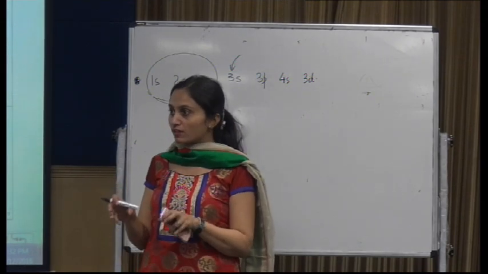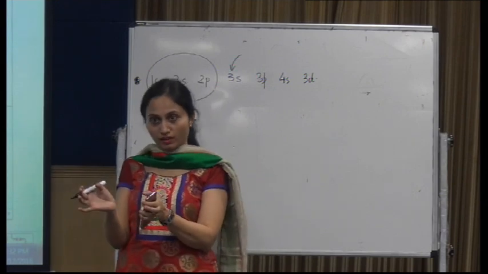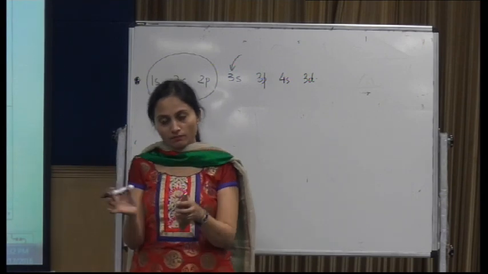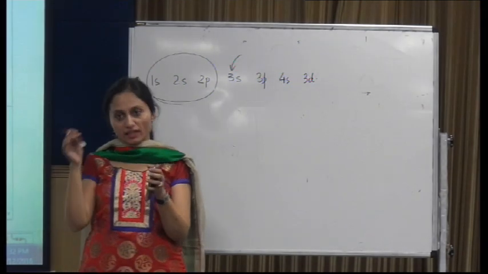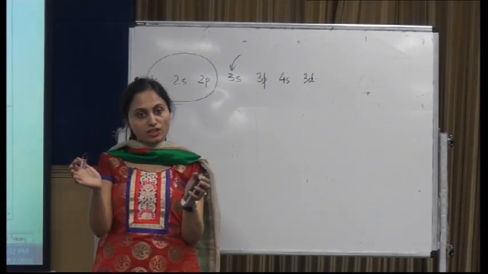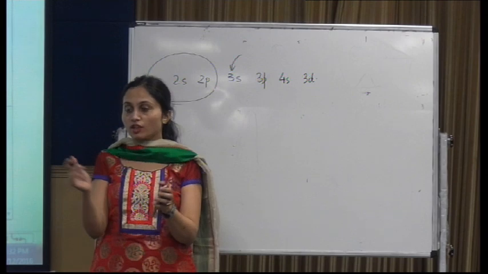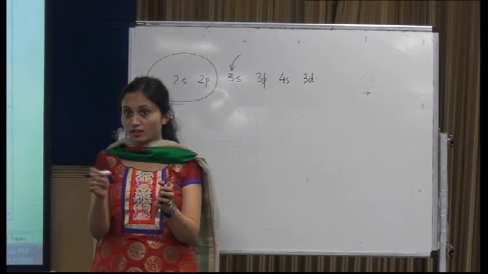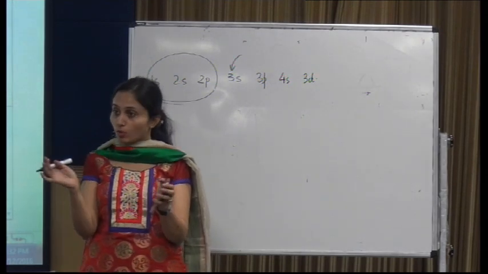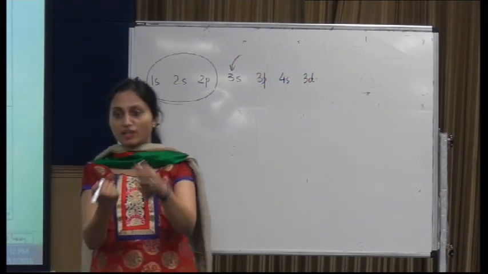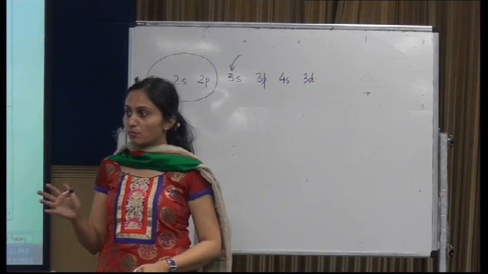So because of that, there is not much of an effect, but still the electron added to the same shell will always reduce the size. I repeat, the electron added to the same shell will always reduce in size because the nucleus will try to attract. So that thing remains.